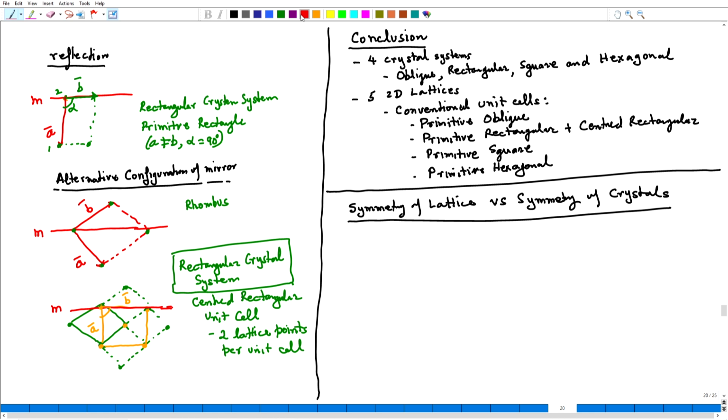Let us take one of the 2-dimensional lattices. Let us take the primitive rectangular lattice.